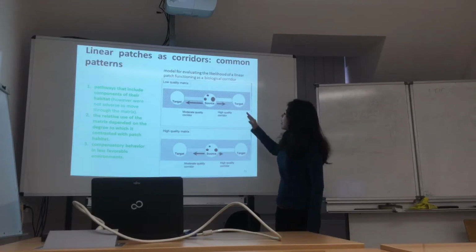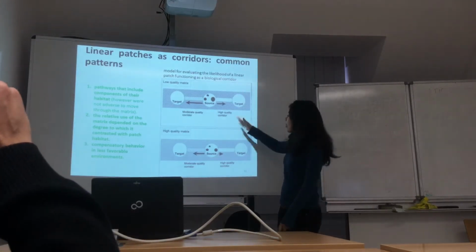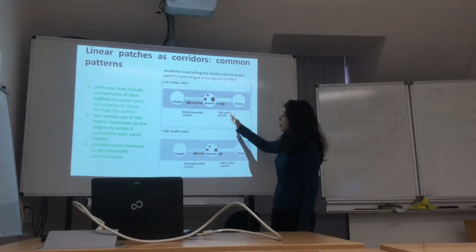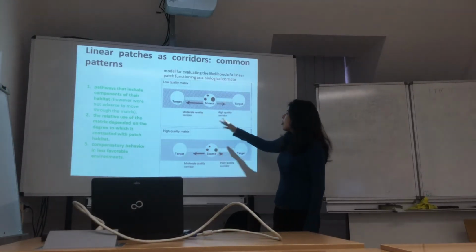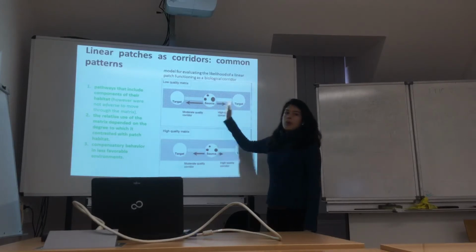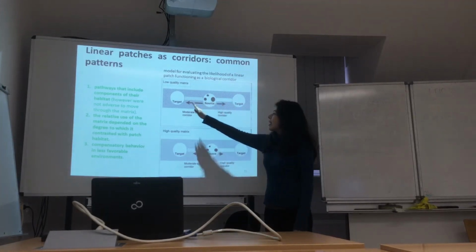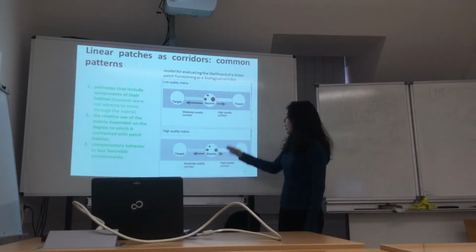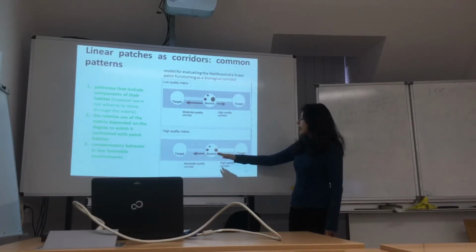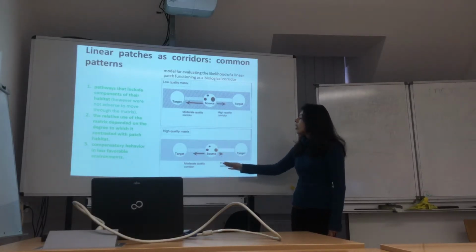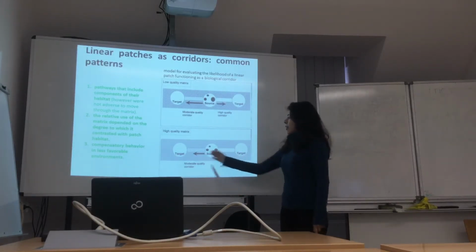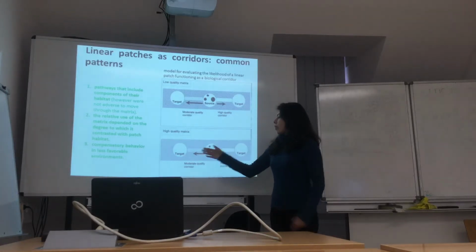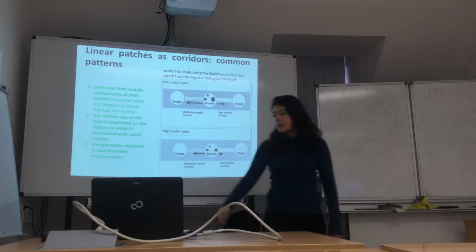And they will go slower in a high quality corridor than in a moderate quality corridor. The speed is represented by the arrows. So here they will go slower than here, like the salamanders. And in a high quality matrix, the chances of finding and preferring the corridor are reduced. As you can see, the circles are smaller. Also the speed is reduced, and they will still go faster in the lower quality corridor than in the high quality corridor.